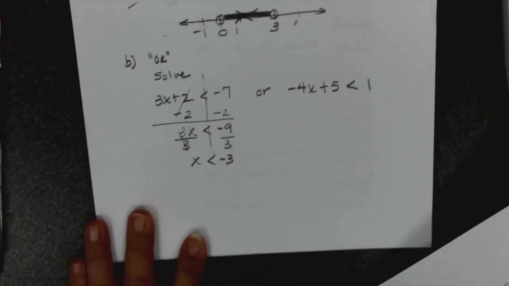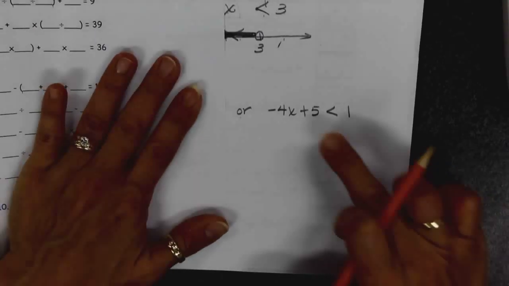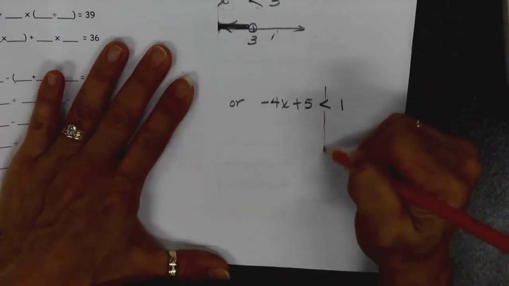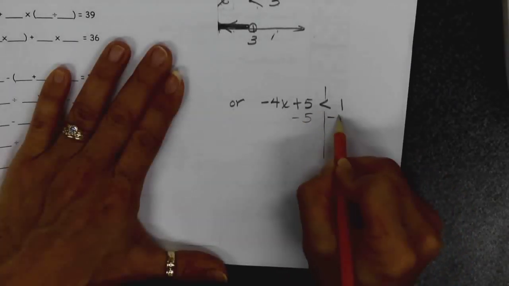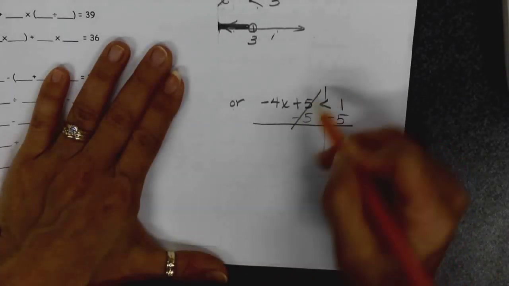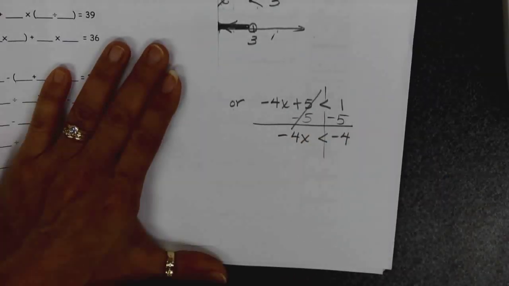Now we did this one, so now we come over here and we do this one. We cover this side up now, come over here, and draw that line. What do we do? Subtract 5, subtract 5. And then we get negative 4x is less than negative 4.